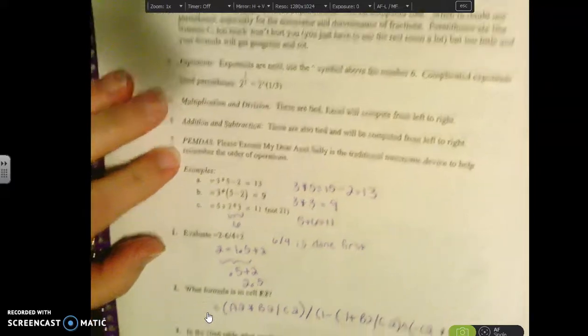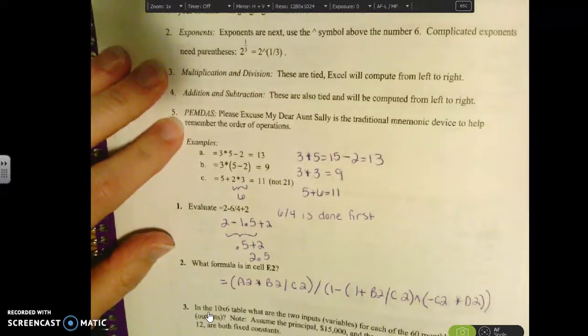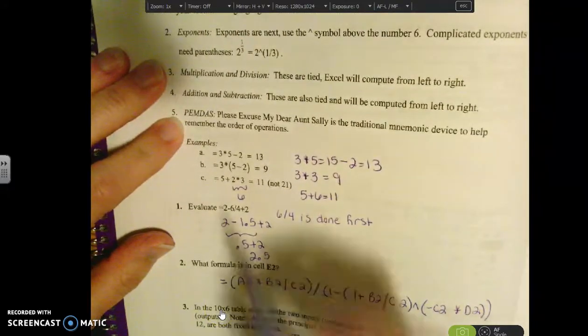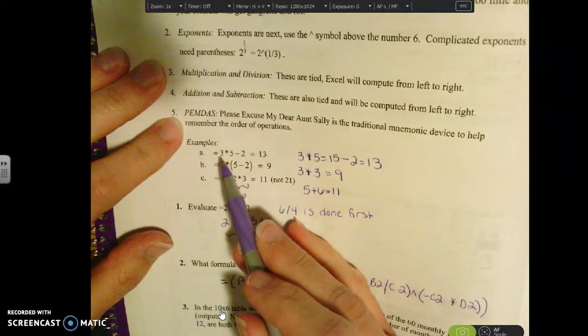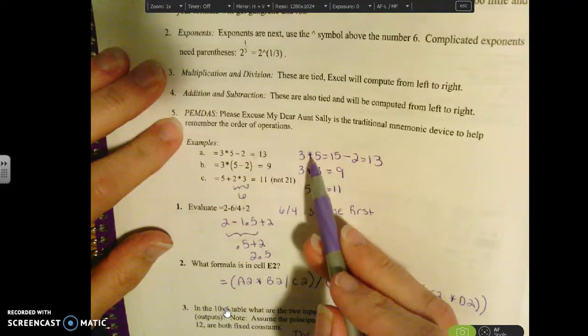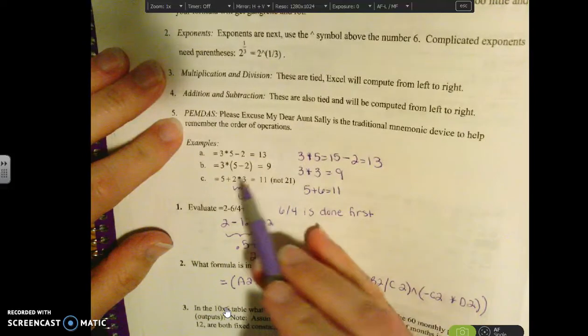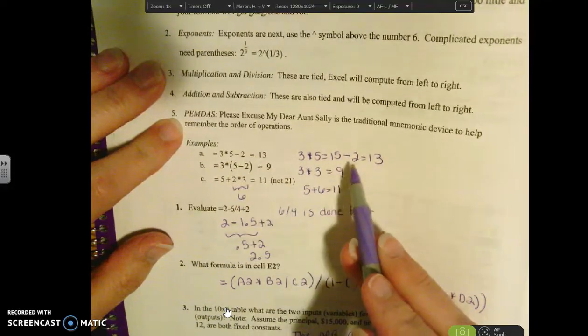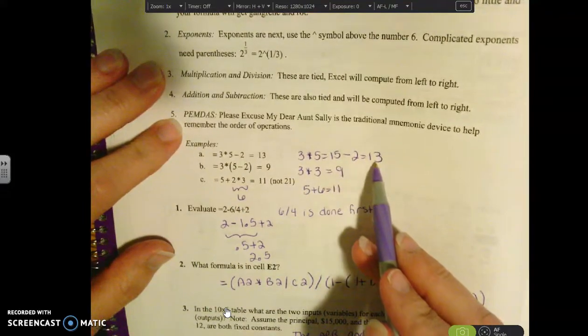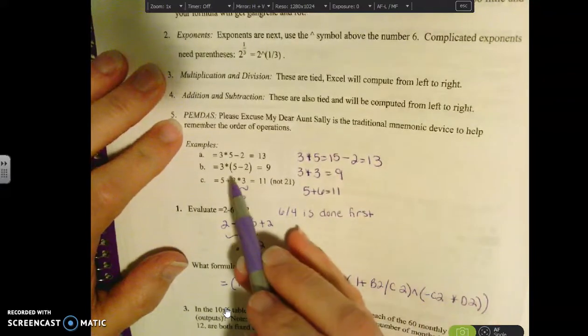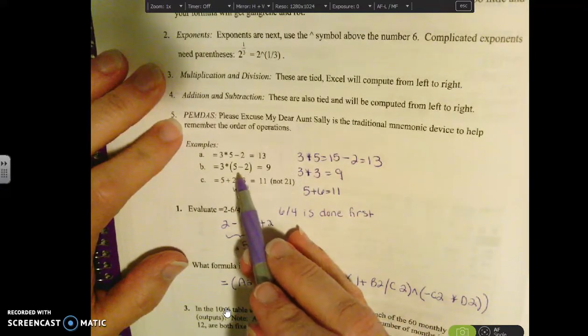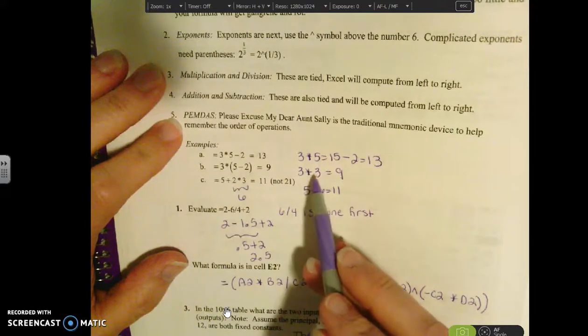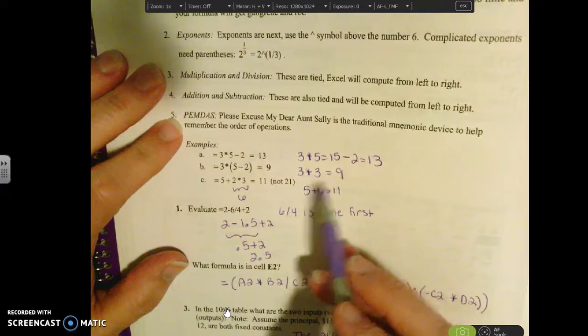If we look at this first example, we do the multiplication first, the 5 times 3. So 5 times 3 is 15, and then we subtract 2, so 15 minus 2 is 13. On the next example, we have to do the parentheses first, so that comes out to be 3, and then 3 times 3 is 9.